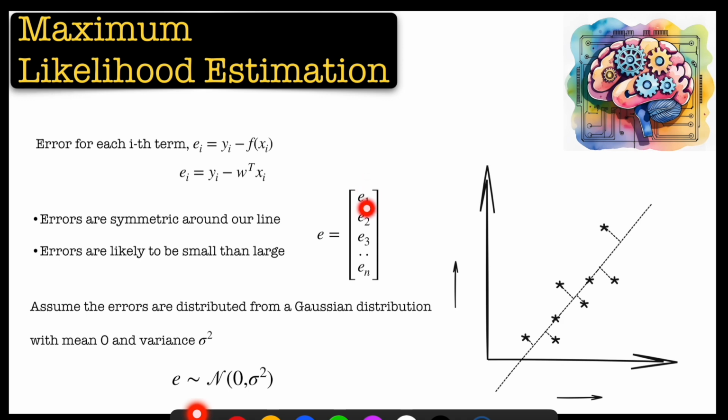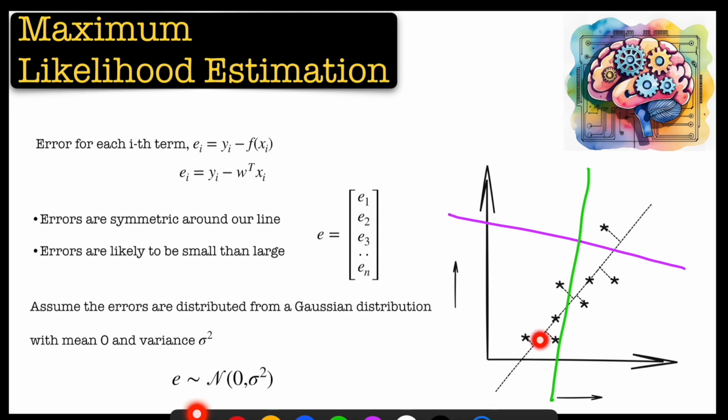Considering n data samples, if we take all the errors in one vector from e1 to en, we'll get this e vector. Now we got this best fit line, right? Instead of that we can get this line as well or this line as well, but these two lines don't match our data. Only if we get a perfect line is it matching our data set.